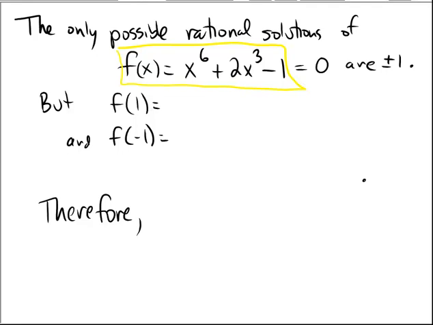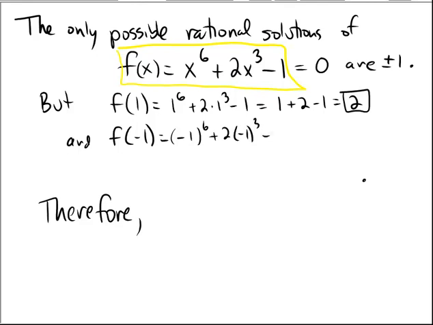But notice that f(1) would be 1 to the 6th plus 2 times 1 cubed minus 1, in other words, 1 plus 2 minus 1, which is 2. And f(-1) is negative 1 to the 6th plus 2 times negative 1 cubed minus 1, which is 1 minus 2 minus 1, which is equal to negative 2. And notice that neither of these are equal to 0.